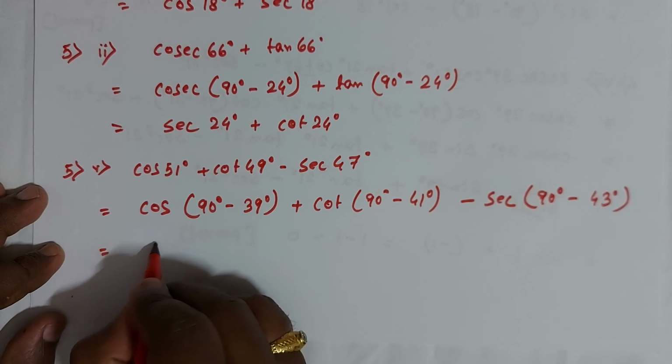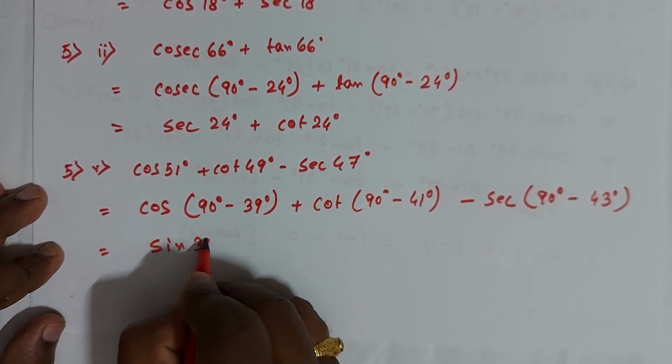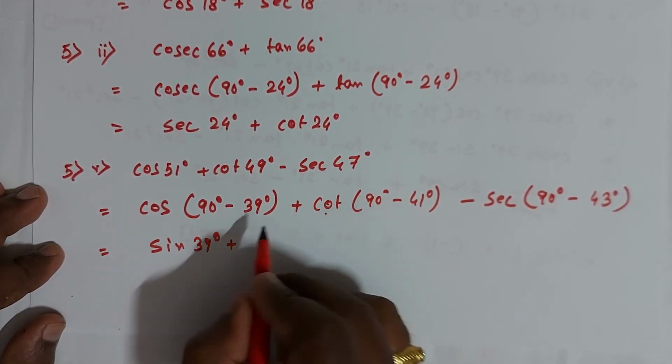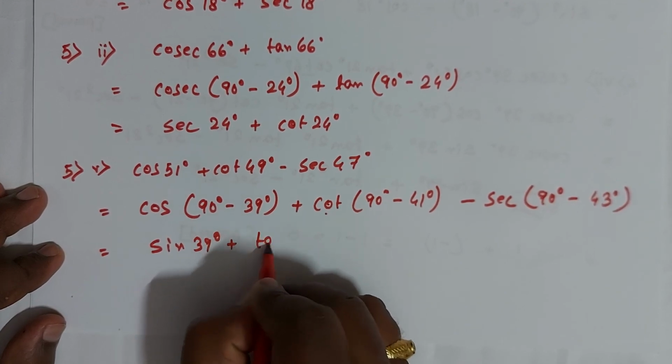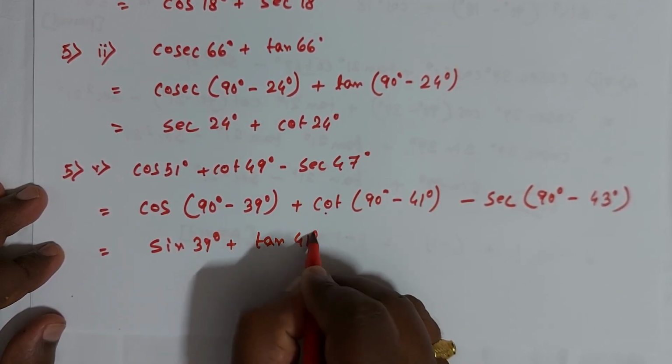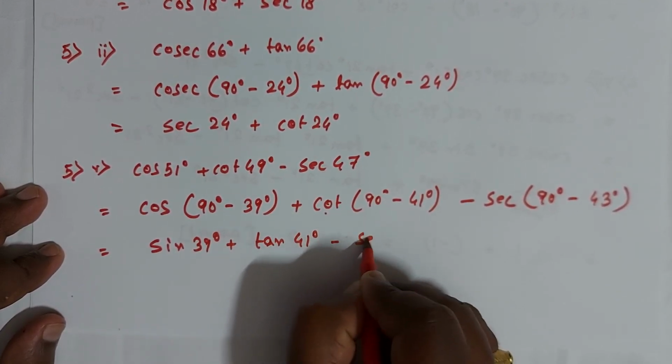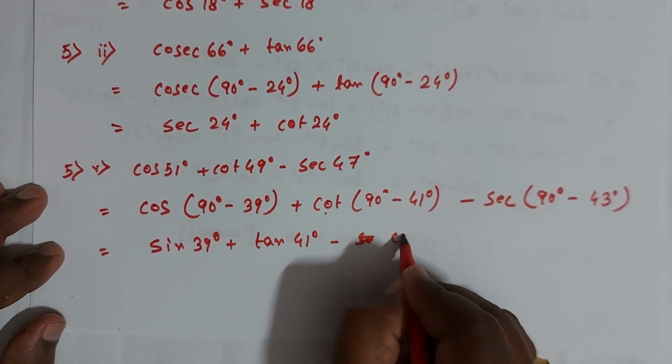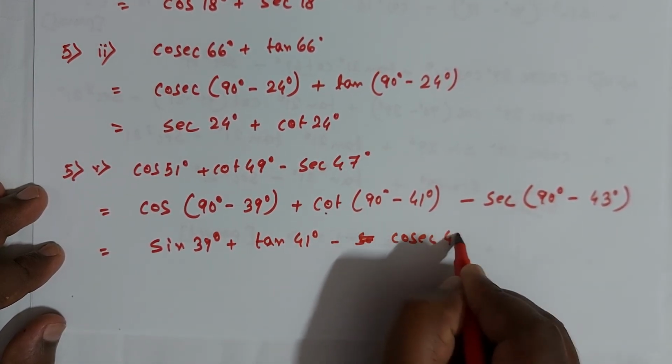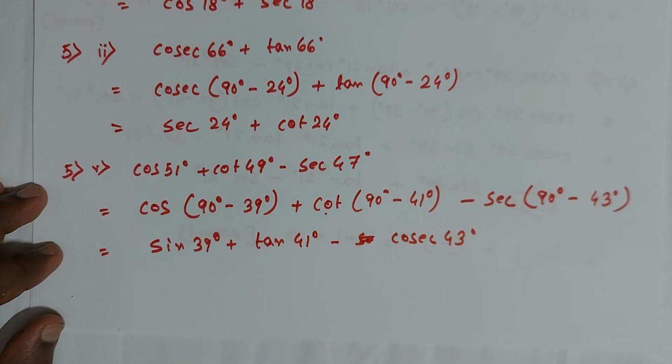So cos of 90 minus theta is sin theta, sin 39, plus cot of 90 minus theta means tan theta, so tan of 41 degree, minus sec of 90 minus theta, that is cosec theta, so cosec of 43 degree, isn't it? So this is our answer.